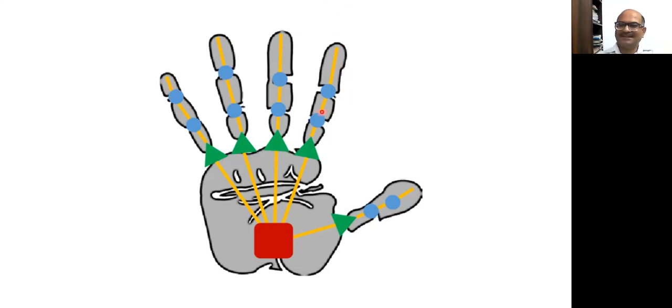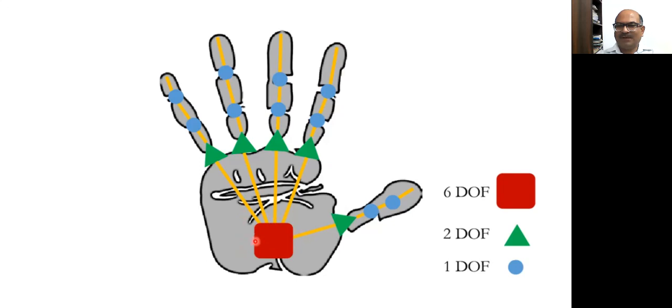So this way, at this point we have 6 degrees of freedom. It can go in any direction, any type of motion. But at this green point we have 2 degrees of freedom, because we can move in 2 directions only.